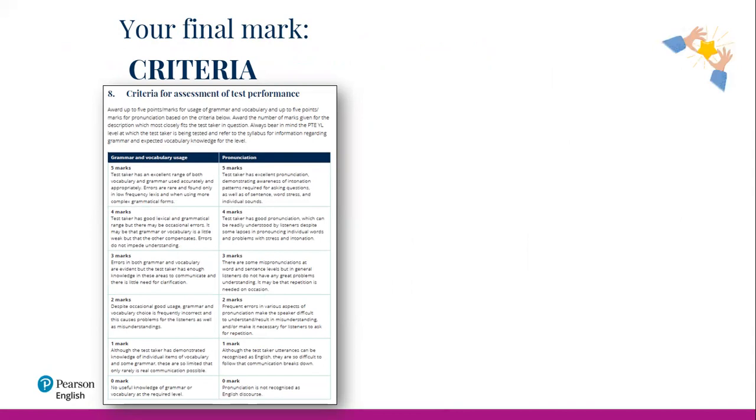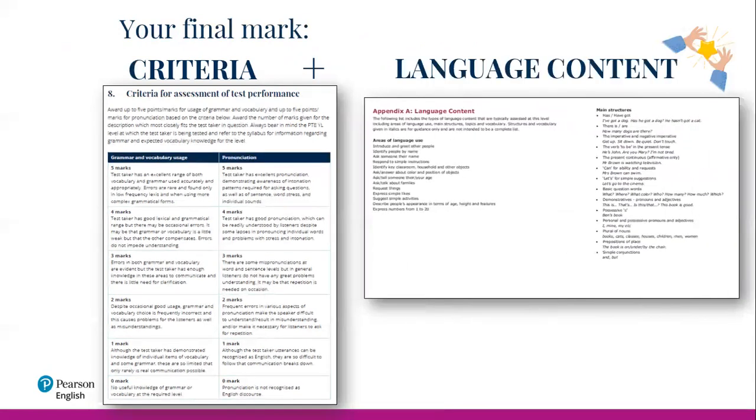So criteria for assessment of test performance is the document that gives you the descriptors, what each mark means, and this document you use to match the test takers with the descriptors. But you also need some information from another document, that is language content, that is prepared separately for each level.